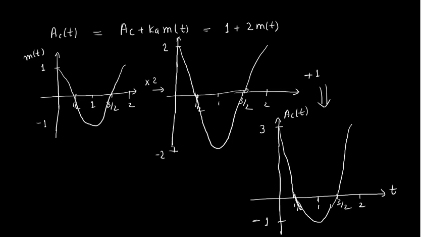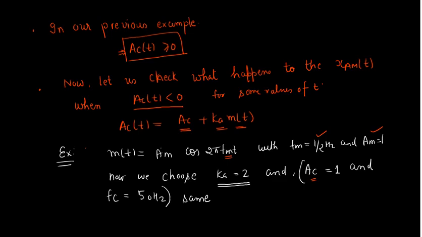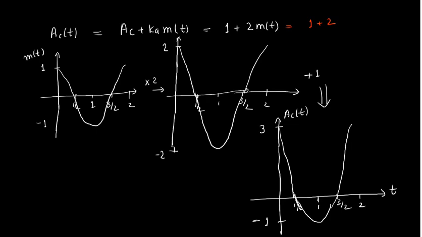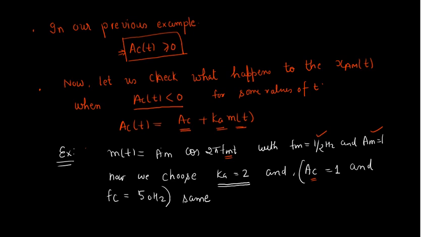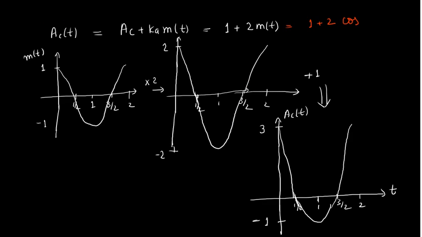So a(t) is Ac plus Ka m(t), which will be 1 plus 2 m(t), and our m(t) is a cosine signal with amplitude 1 and frequency 0.5 Hz. So let us put these values, and a(t) would become 1 plus 2 cos pi t. So this is our a(t).